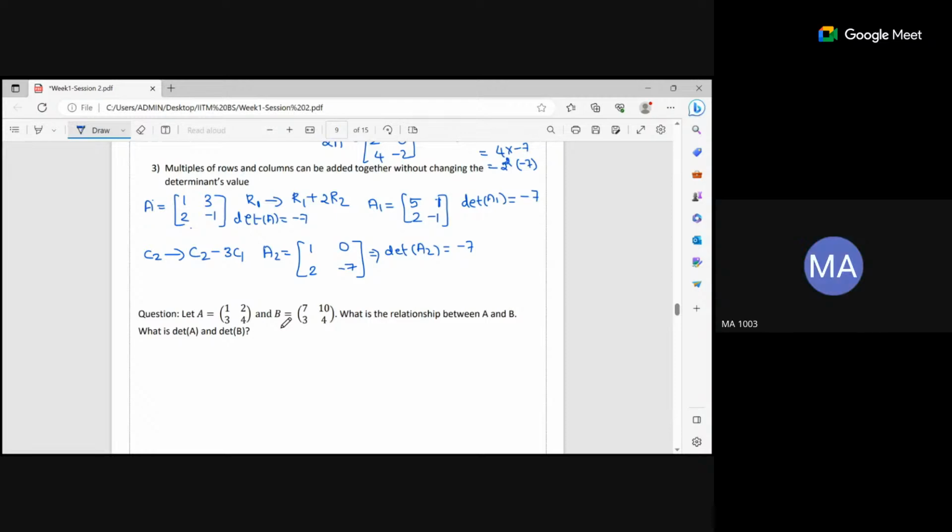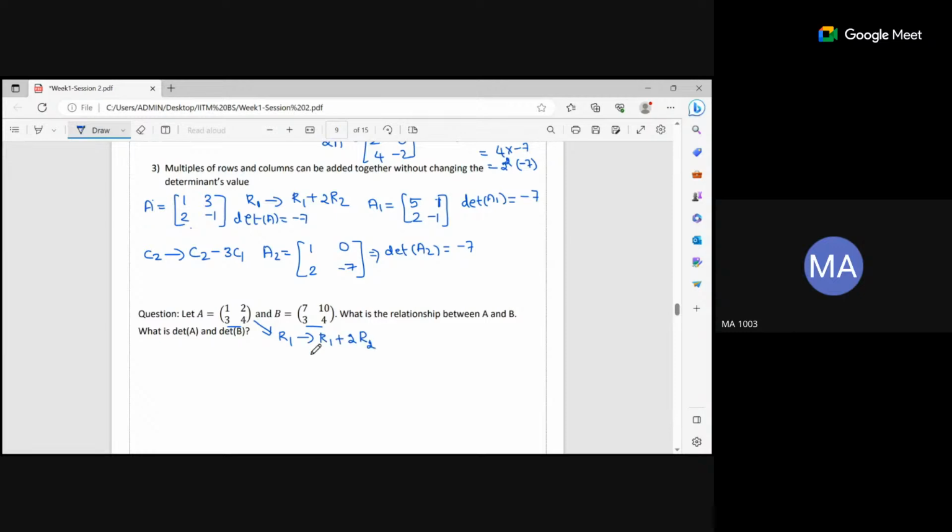When you do this row operation on A, you obtain matrix B.